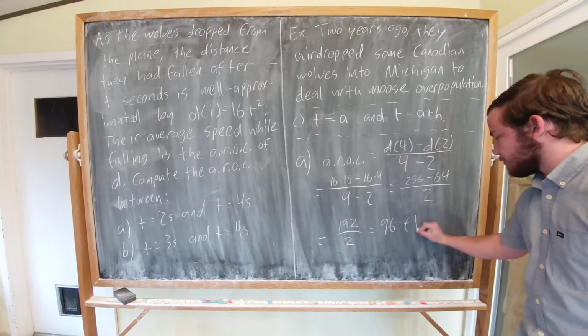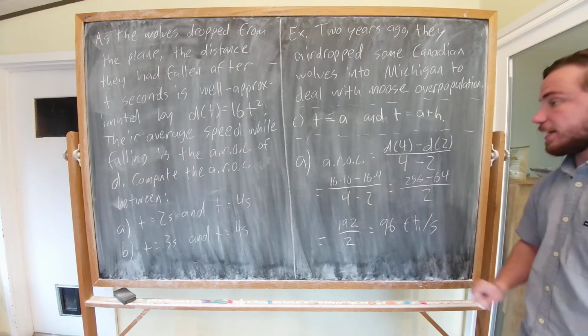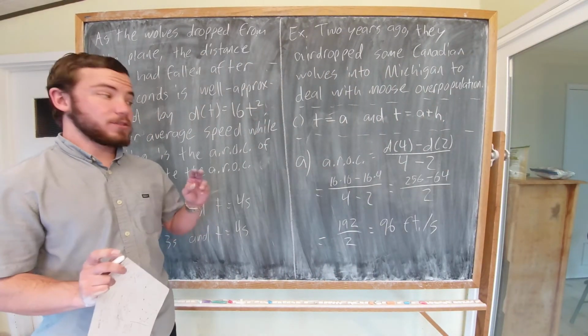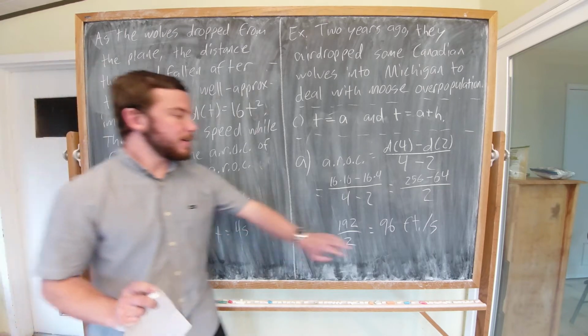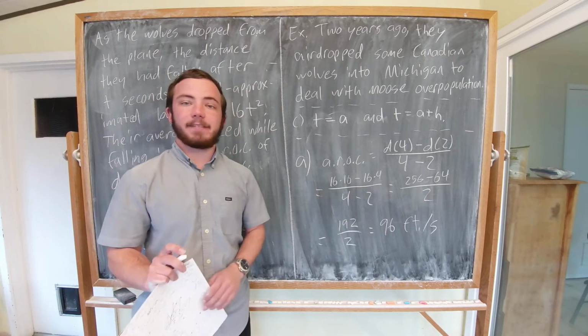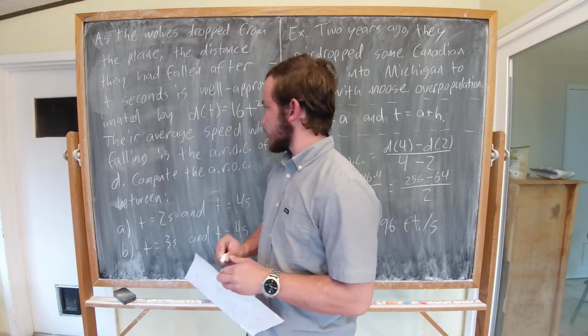And this would be in terms of feet per second. So we know that on average, between 2 seconds and 4 seconds, the wolf's speed was 96 feet per second. Great.